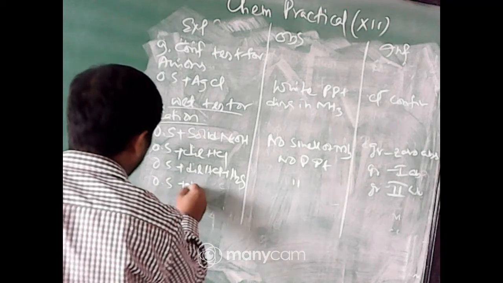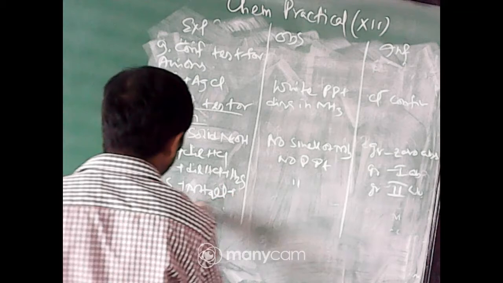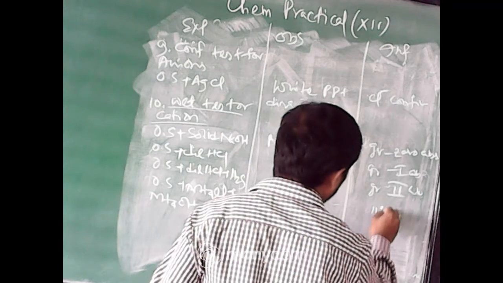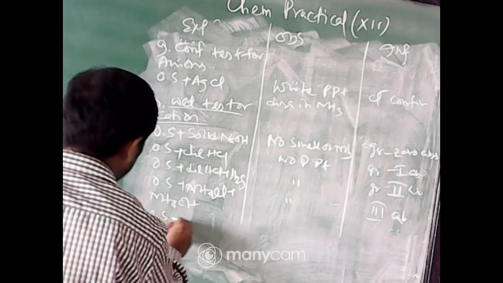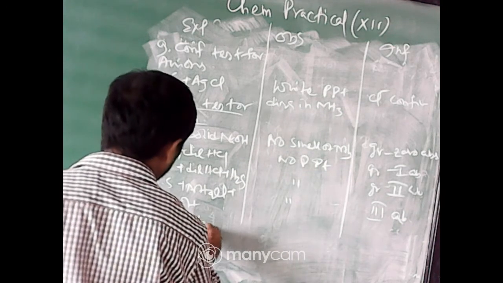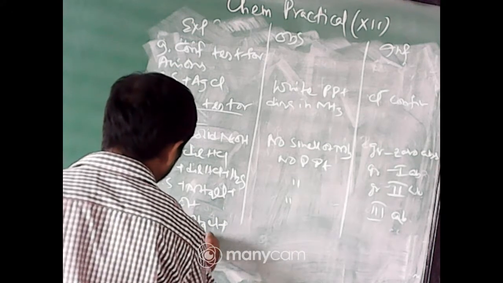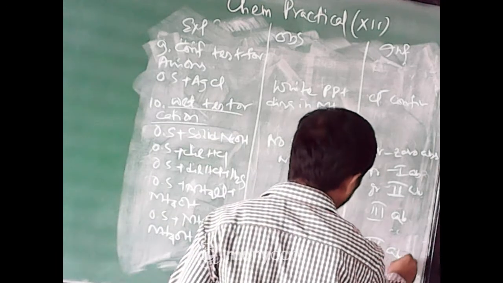OS plus dilute HCl plus H2S, no PPT, group 2 absent. OS plus NH4Cl plus NH4OH, no PPT, group 3 absent. Next, OS plus NH4Cl plus NH4OH plus H2S, no PPT, group 4 absent.